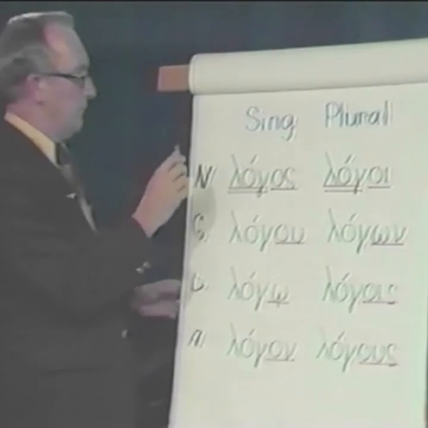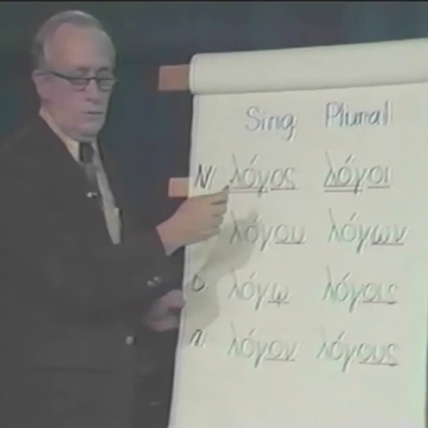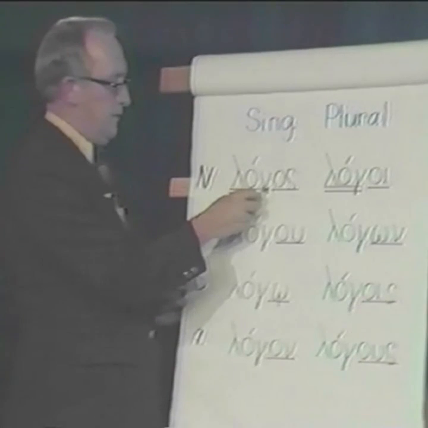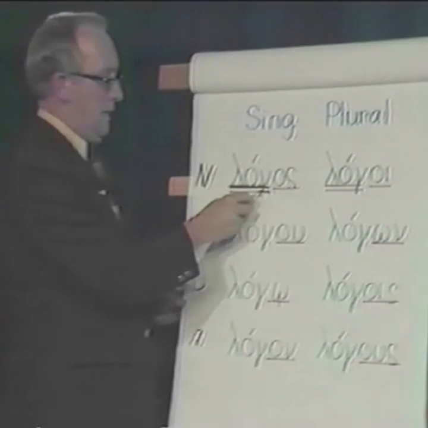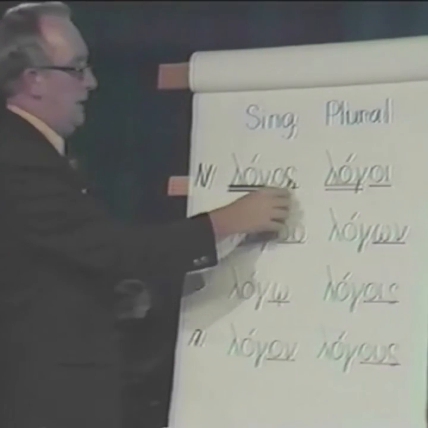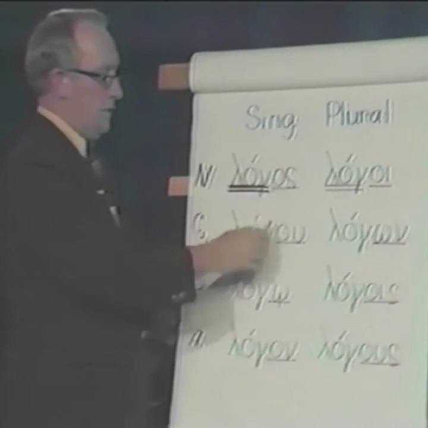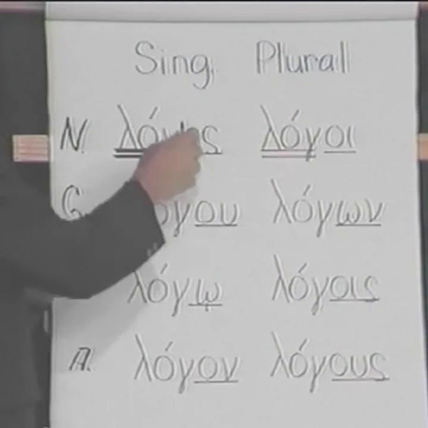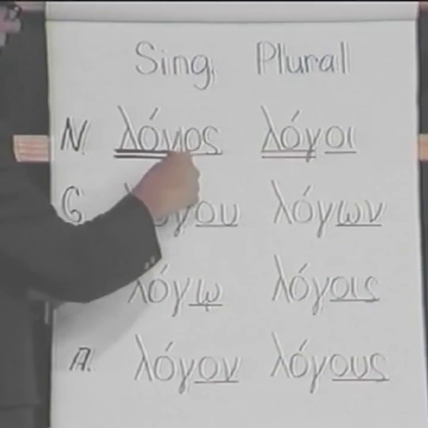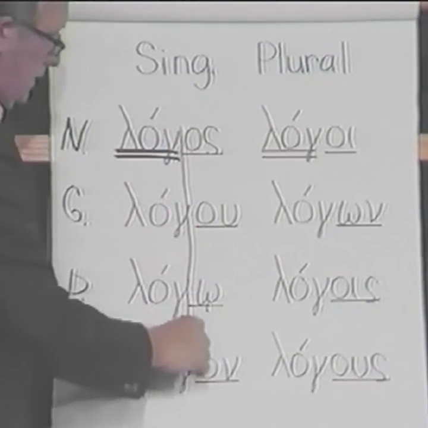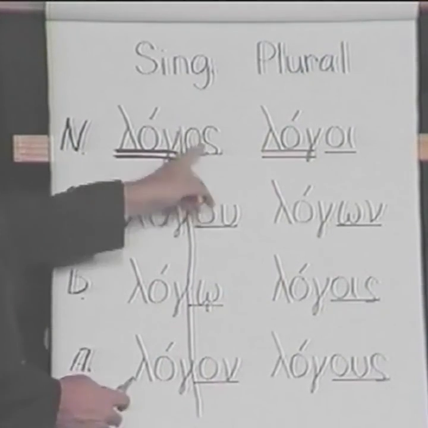That's all we have to worry about. So, just as in the verb, we had a stem. This is the stem, and the last 2 letters here, os, that is the ending. Os, and then u, o, on. So let's draw a line down here like we did with the verb in the last chapter. And you see that these are the endings.